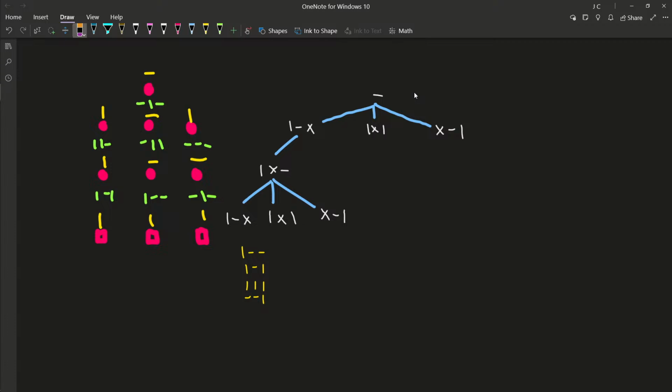I guess we could. So we just keep expanding. That's a huge pain in the butt, though. Okay.